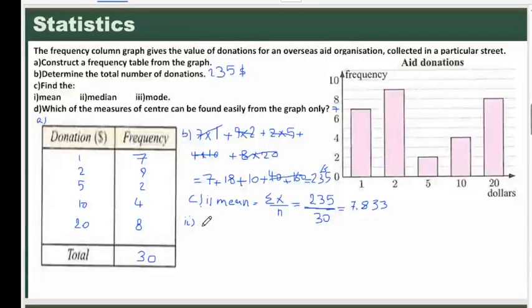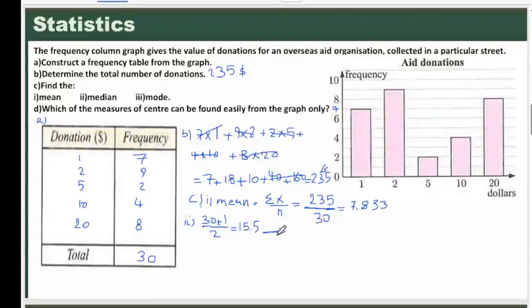So median here, if I want to find the median, is between, here I have 30 plus 1 divided by 2, so it gives me 15.5.